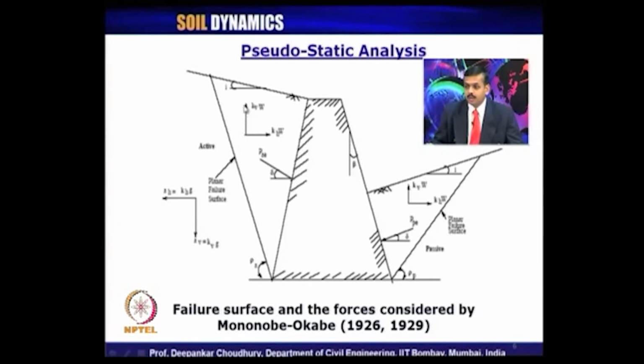Remember, these are earthquake accelerations, so they can act in both directions, that is from left to right as well as from right to left. Also, this kvW can act in both directions, upward and downward.